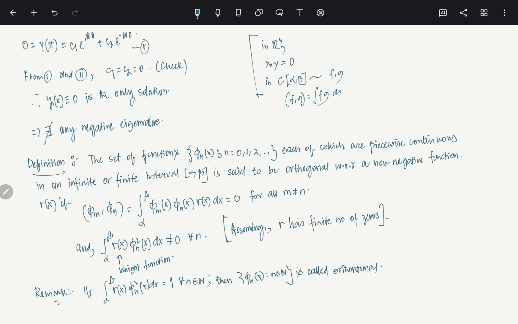So this is just a generalization. In the finite dimensional vector space Rn, you define the inner product like a dot product, x dot y, which is your usual thing. But in a function space, you can think of it as an inner product space, where the inner product is given by the integral of f g dx. There can be others also, but this is the inner product which we are going to assume. Is it okay? Right. So orthogonal set, orthonormal set, clear, right?